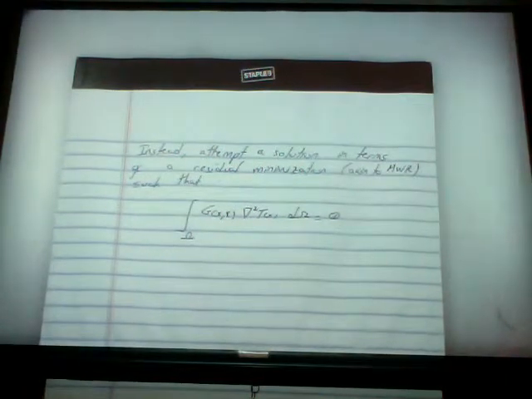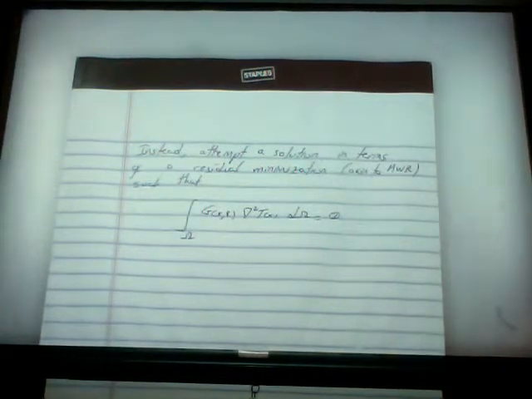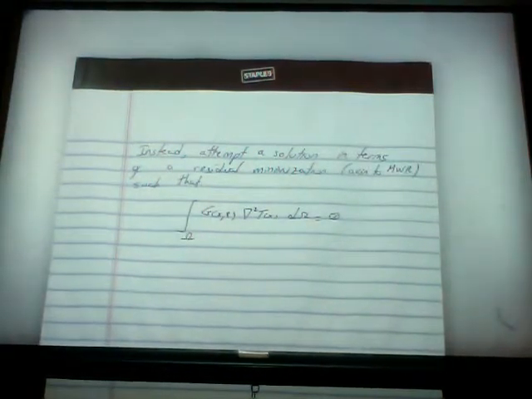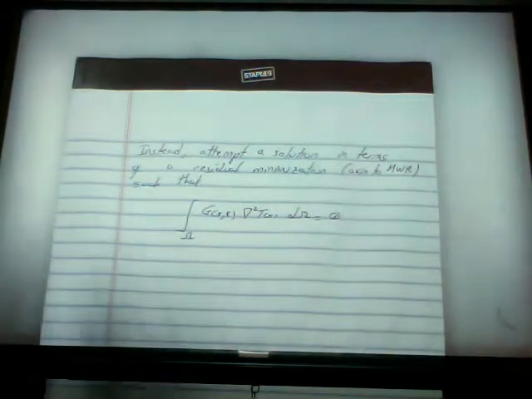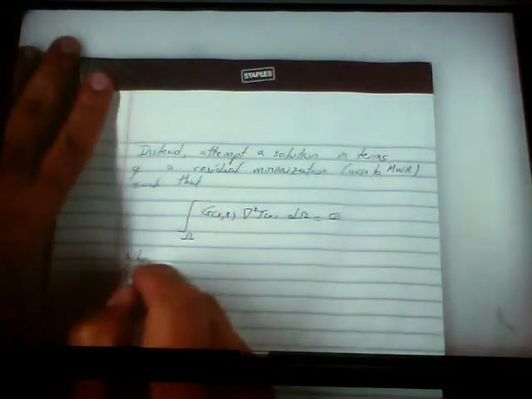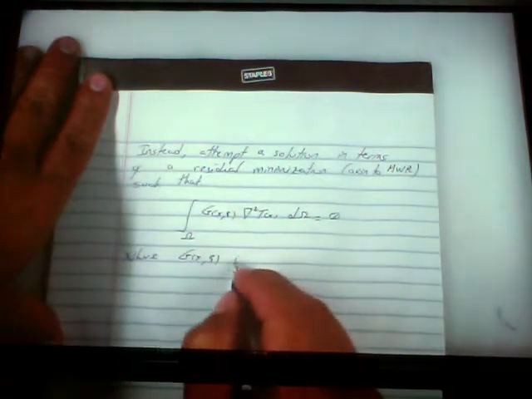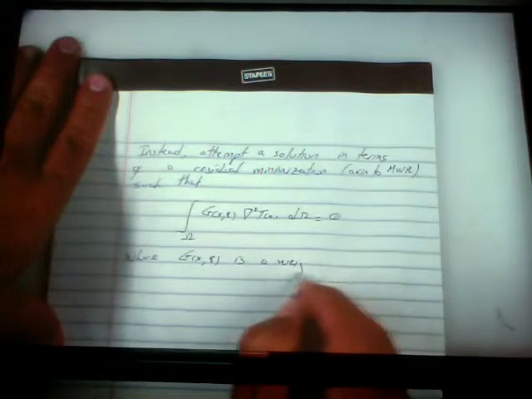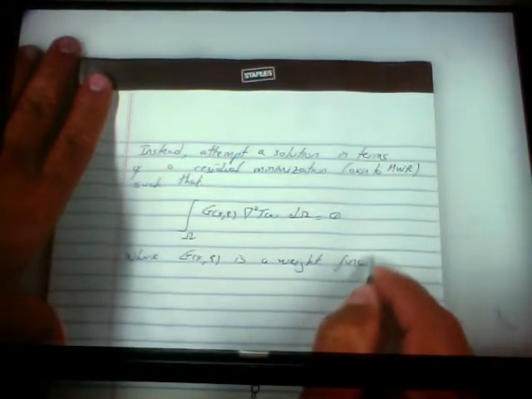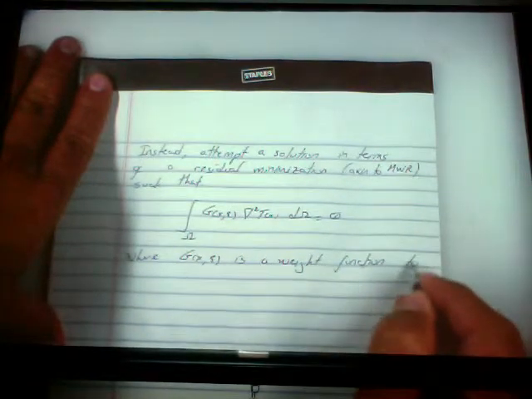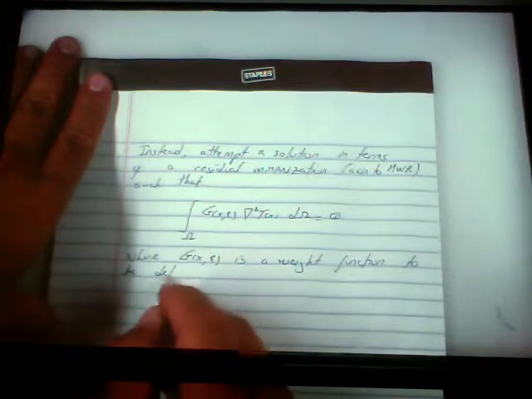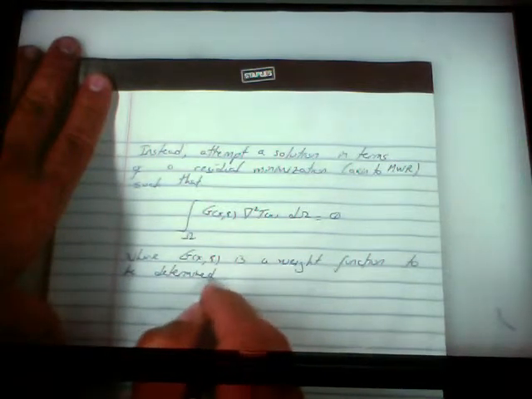So g is a function of x and Xi. I'm going to explain what Xi is. Xi is x in Greek, so it's kind of another x in another dimension, just an alternative. Where g of x and Xi is a weight function to be determined later.